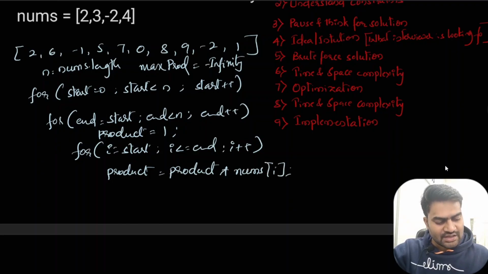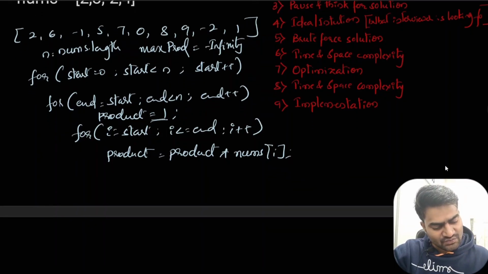In our previous problem, we took this as sum and assigned it an initial value of 0. But here we should assign 1 because it is multiplication. If we assign 0, then it will give 0 for all the multiplications. So now I will get my product after the end of this for loop.